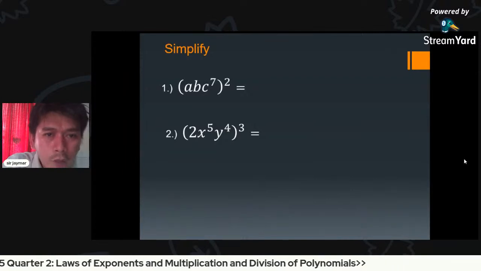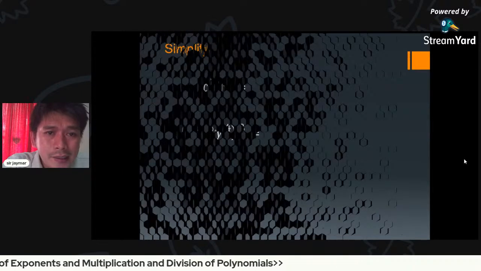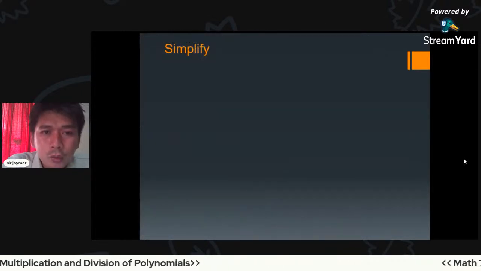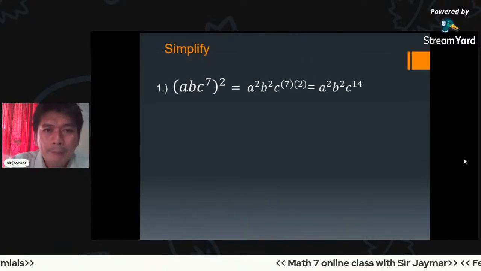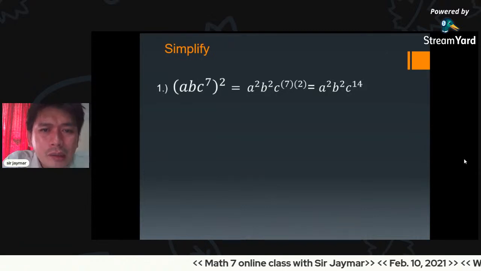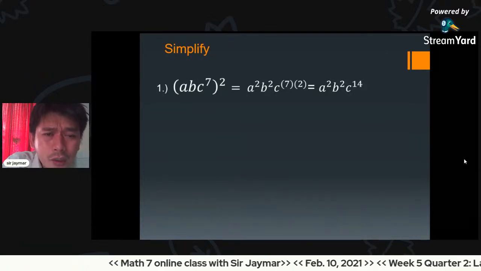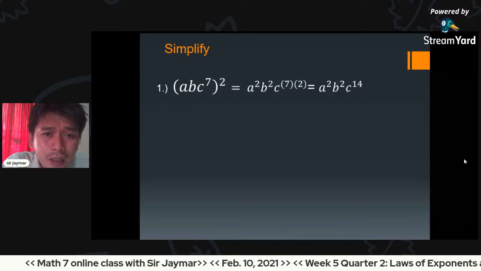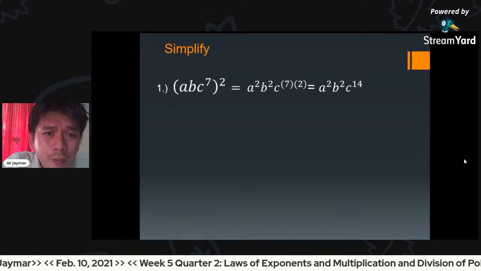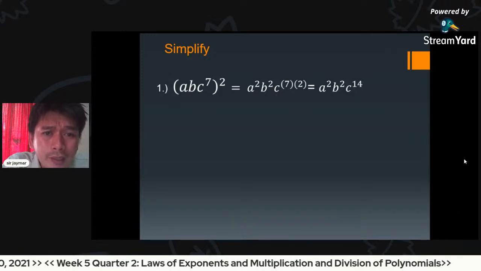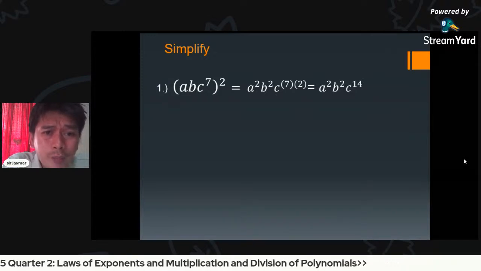Okay, the square of (a times b times c raised to 7) is equivalent to what? Let us try this one. As you can observe in this algebraic expression, the variable a has one exponent. So the one exponent is multiplied by the outside.